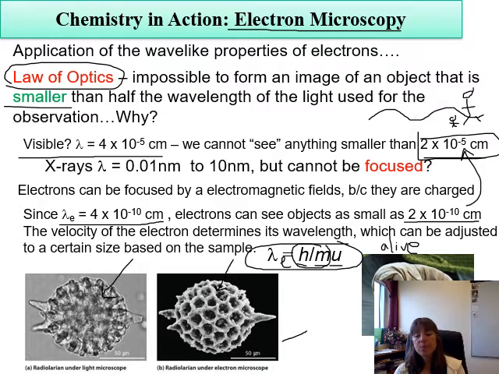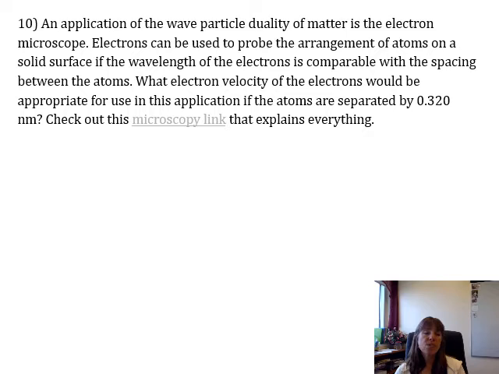So anyway, pretty interesting stuff. And on your fun sheet, I have a problem like this for you to work on, right here. Here's a fun sheet question about the electron microscope. You can probe the arrangement of the atoms using the wavelength of the electrons, and the wavelength of the electrons depends upon the speed of the electron.